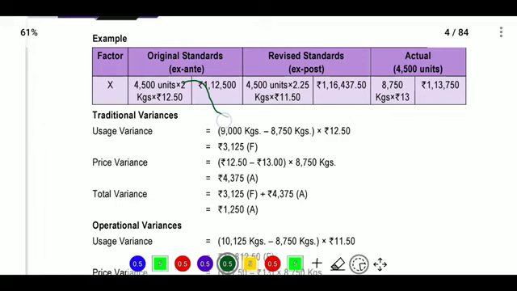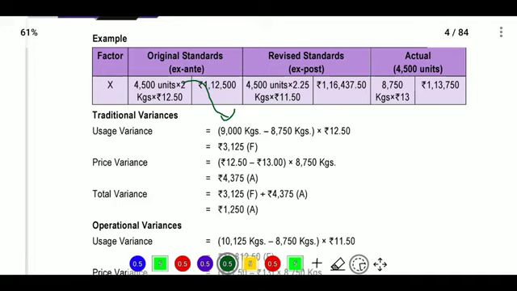So 9000 kgs into 12.5, that is, they are estimating at the rate of 12.5 for the 9000 kgs, that is 1,12,500. Next, the revised standard. What was revised? They revised that the cost may increase, that amount will go to 2.25.